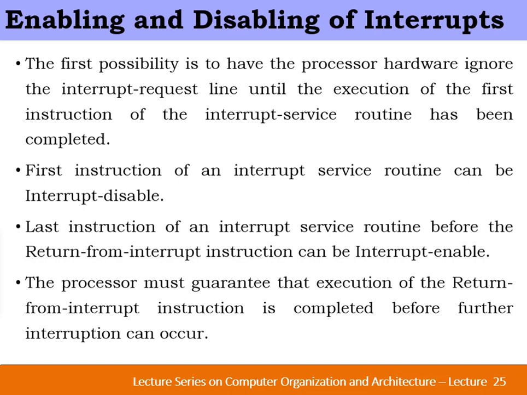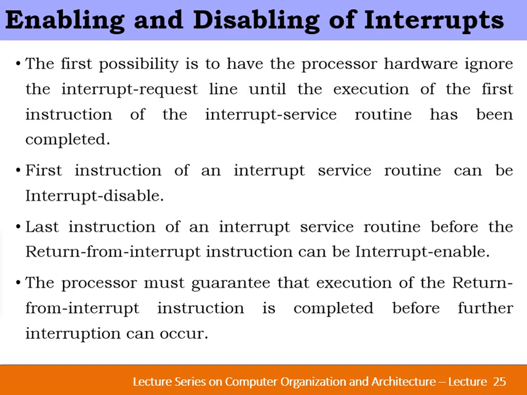So at the beginning of the ISR, if I put the first instruction itself as the interrupt disable instruction, then whenever the processor stops the currently running program and starts giving service to the interrupt-requesting IO device, it will start executing the ISR.